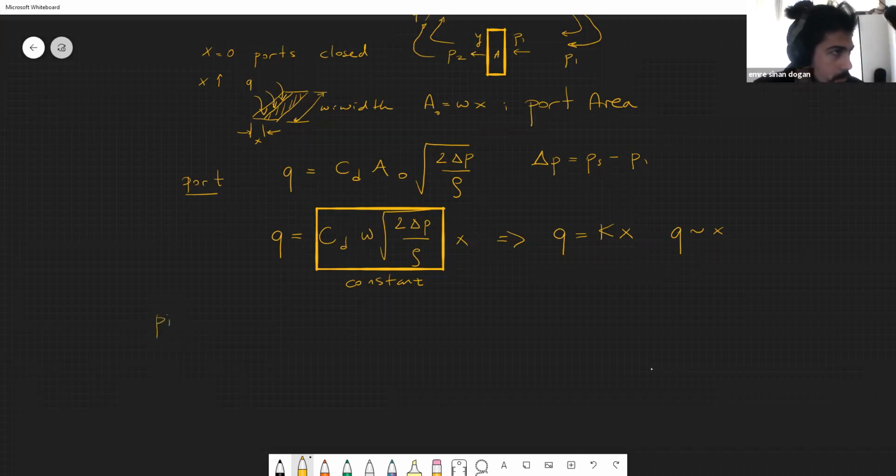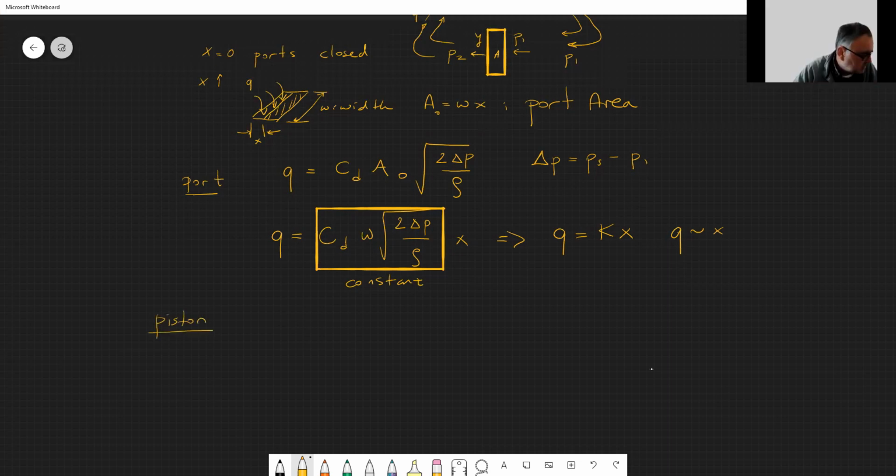Now, if you look at the piston part, the piston is easier to model. We have the piston here.